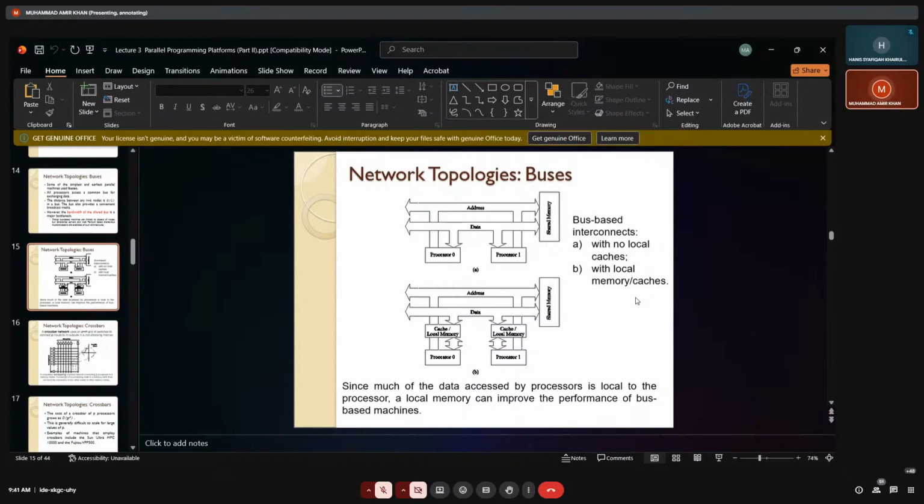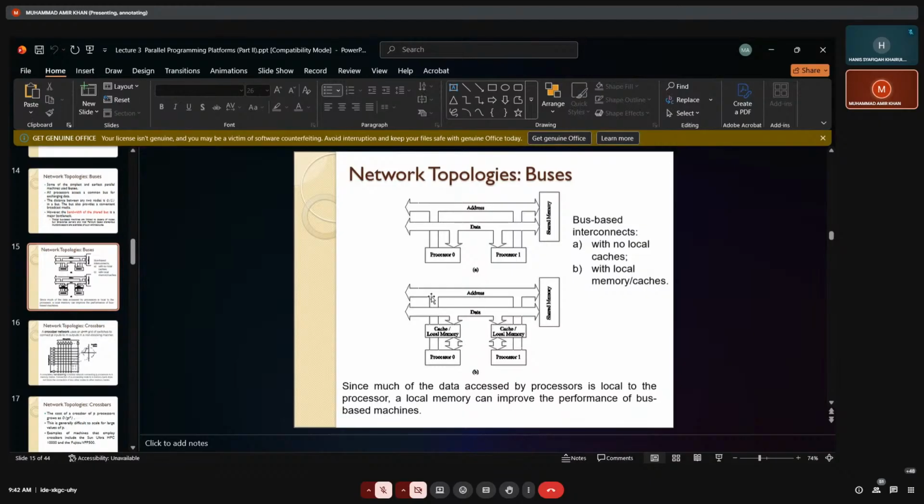Since much of the data accessed by a processor is local to the processor, a local memory can improve the performance of a bus-based machine. So A is just a simple bus, processor 0 and processor 1, and we have a data bus, an address bus, and a control bus also, a shared bus. Here we have a local cache also. Each processor has its own local cache, so ultimately the performance will be fast.